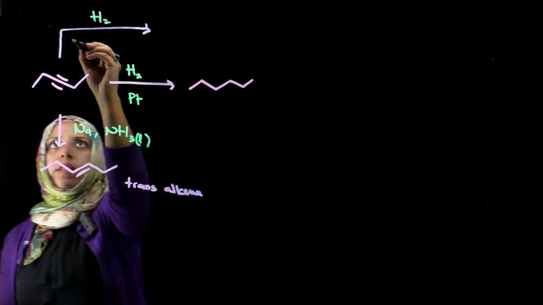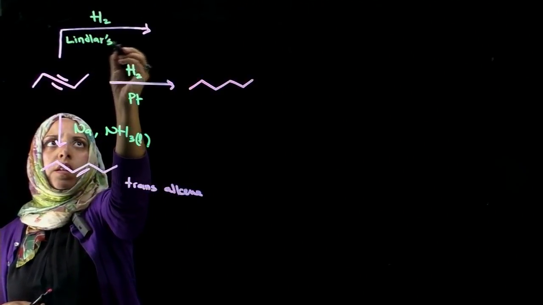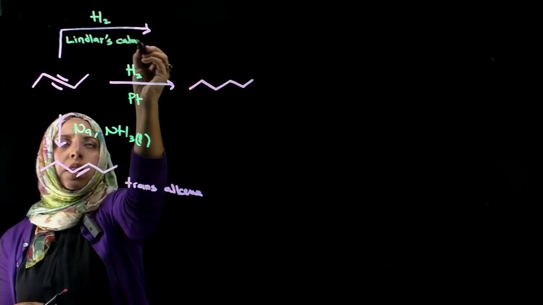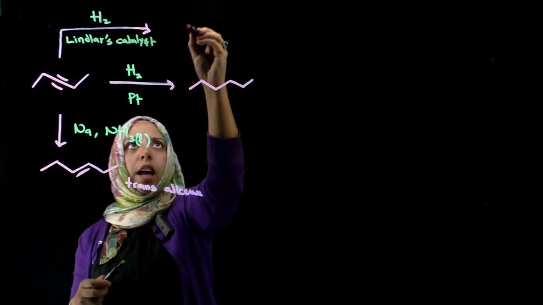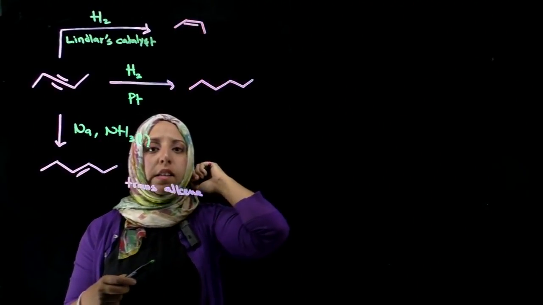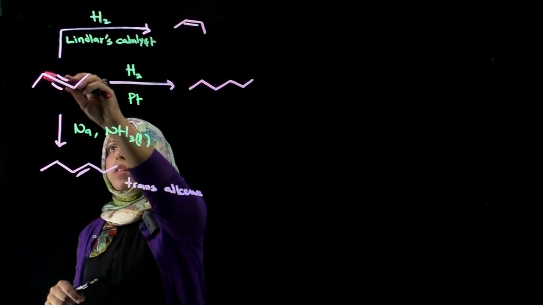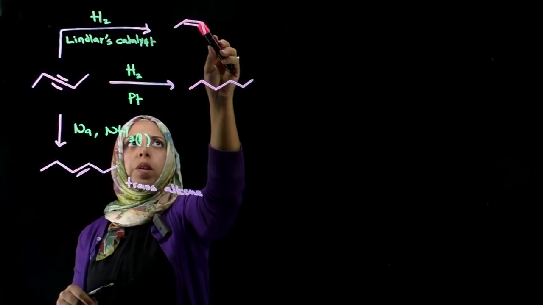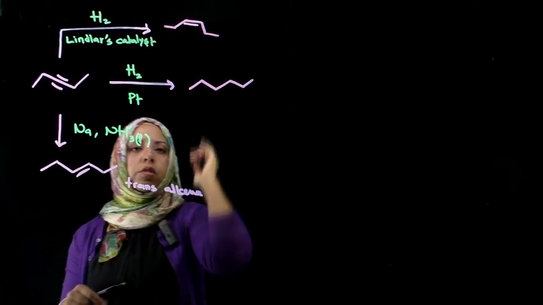Another example was Lindlar's catalyst. Then what we get is a cis alkene, so the two groups attached to the alkene are cis to one another, or on the same side. I'll just draw it this way.